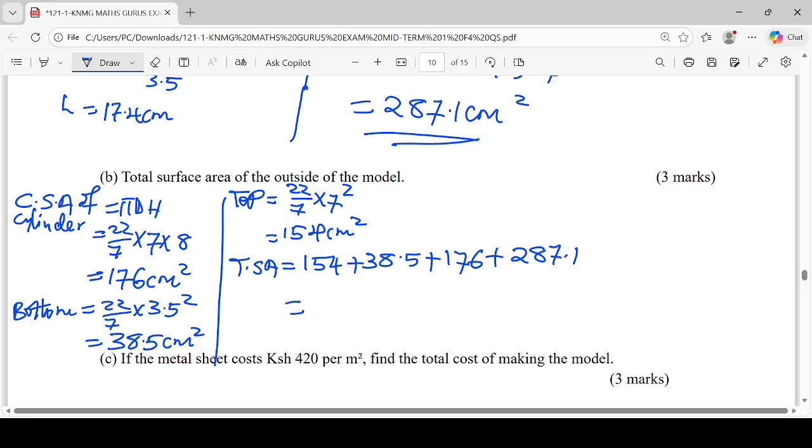Then you sum this: 154 plus 38.5 plus 176 plus 287.1 gives you 655.6 square centimeters.